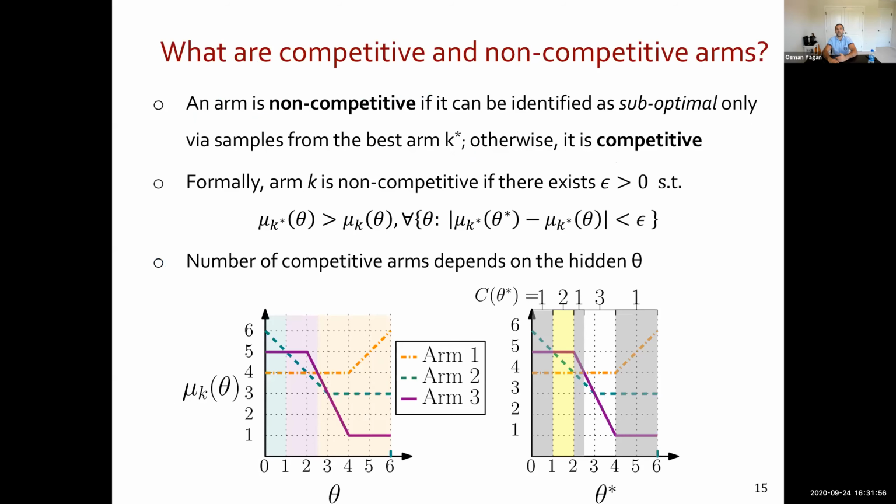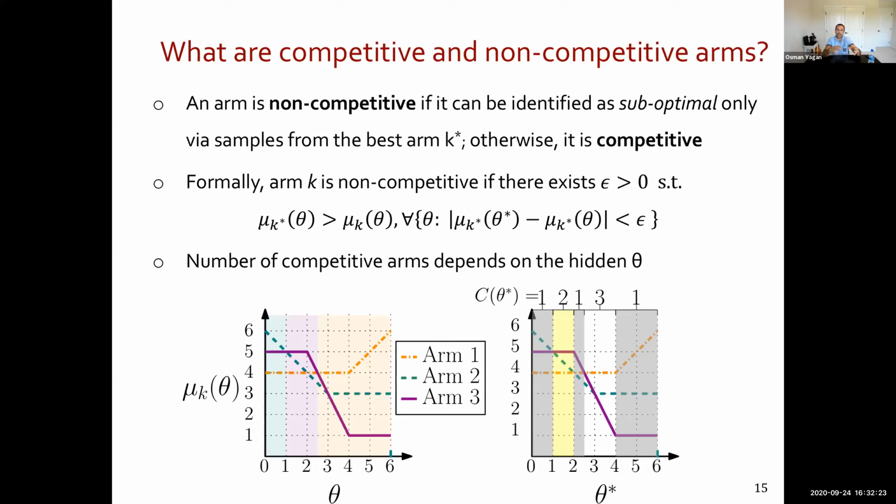Let's talk about how we achieve this. And first of all, talk about what competitiveness means. The definition is actually quite simple. If you look at just the first bullet, it basically says that we call an arm non-competitive, so these are the ones that we stop pulling after finite time, if it can be identified as suboptimal only from the samples of the best arm.